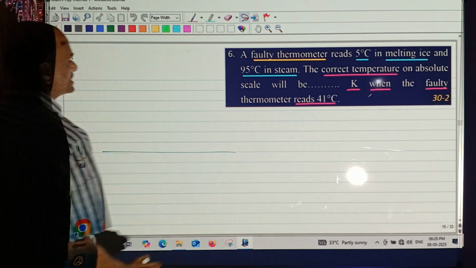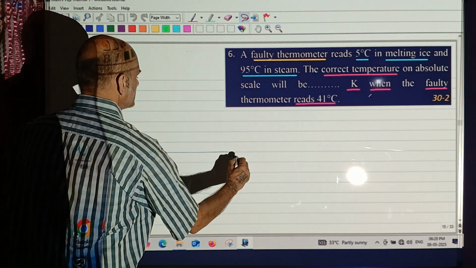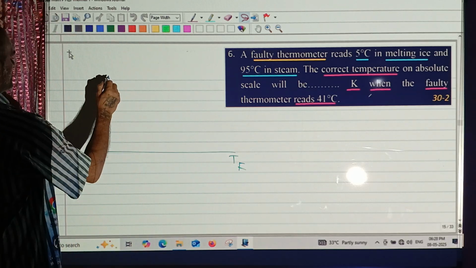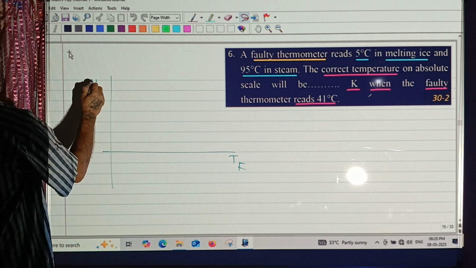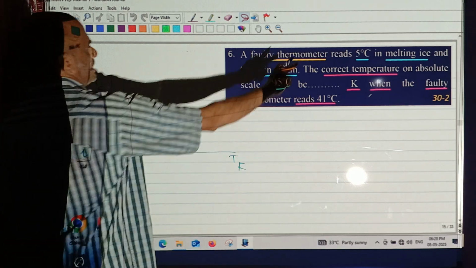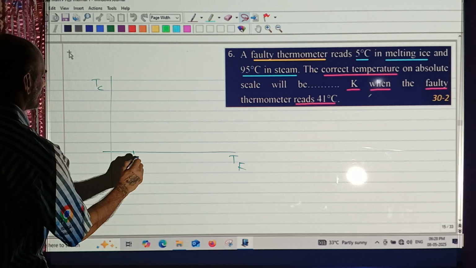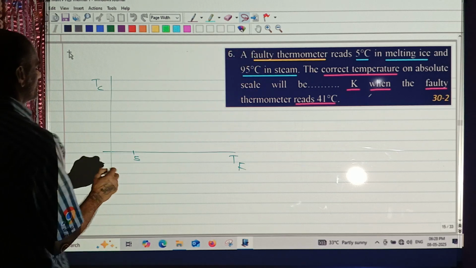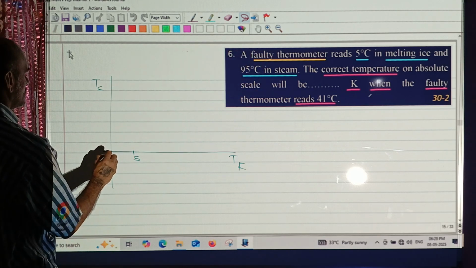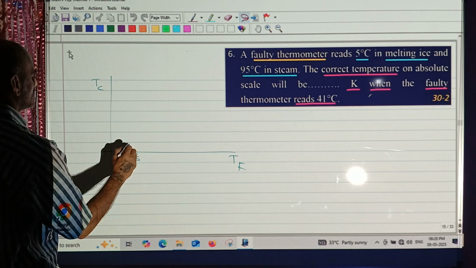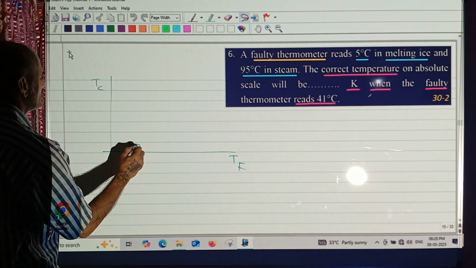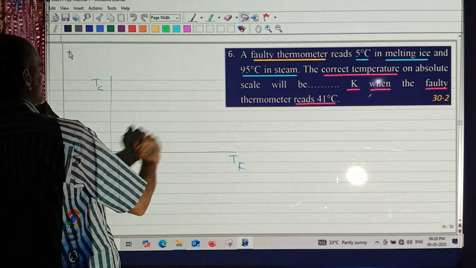One temperature scale is the faulty temperature, let me call it TF. Another temperature is the correct temperature TC. So the faulty temperature is reading 5 in melting ice when the correct temperature is 0. So this is 1 point, 5, 0 on this relationship.